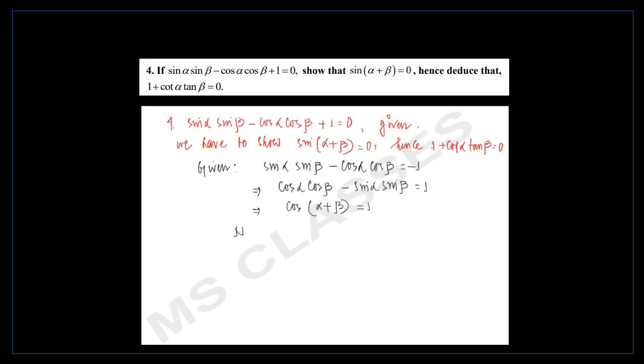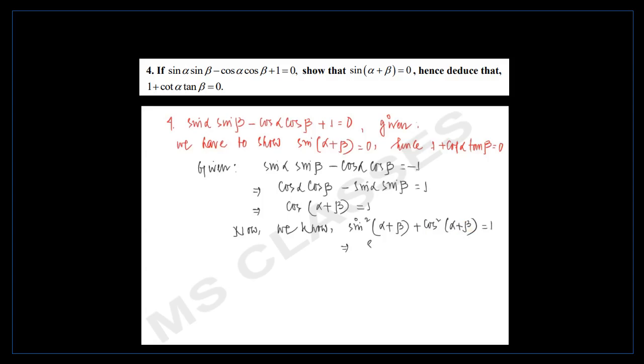Now we know sin square (alpha plus beta) plus cos square (alpha plus beta) equal to 1. Now if we substitute the value of cos (alpha plus beta) as 1, what do we get?